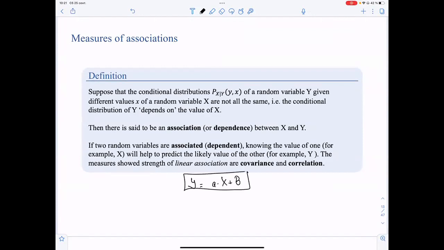So under the assumption that this sort of association is fine to apply, the covariance is going to evaluate how strong their association is. All right, good.